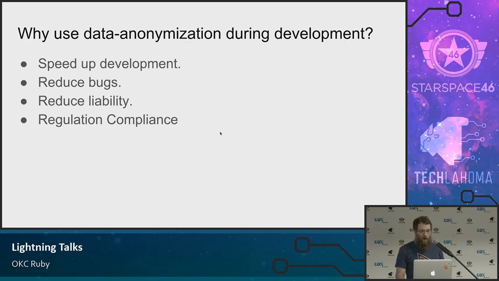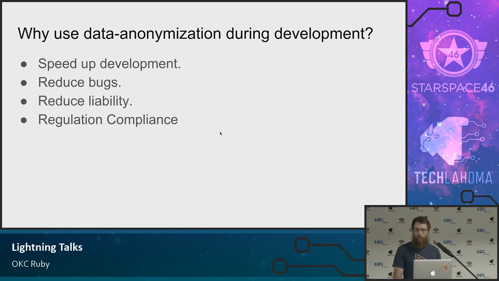So why use it during development? As I mentioned before, you can speed up development because now you don't have to create a bunch of mock data. That can actually take longer than most people realize, and when you're budgeting a project, that's something a lot of people overlook: we're going to have to spend all this time mocking up a bunch of data.